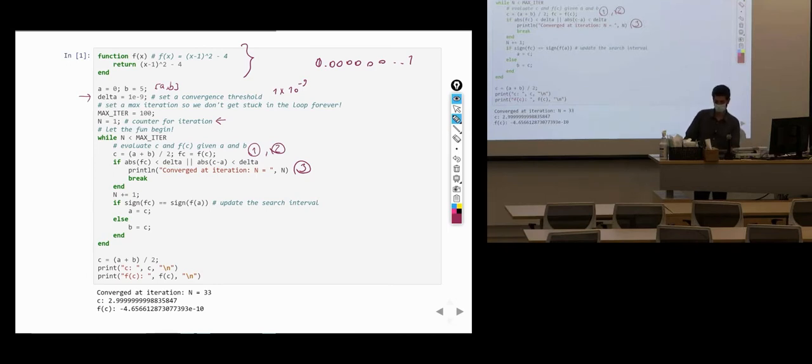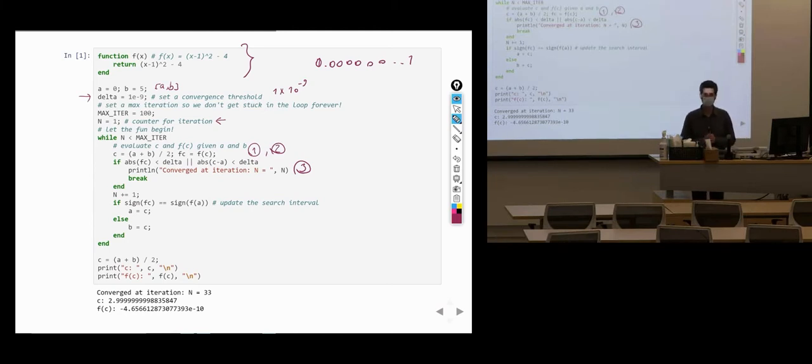C is supposed to be the midpoint of A and B, so whatever side you choose. Now, if the distance between A and C is really, really small, that means the interval is super small. That's already less than your threshold. So we better stop, because cutting the interval to half is beyond our numerical resolution that we're after. Okay, so there's no point to continue.